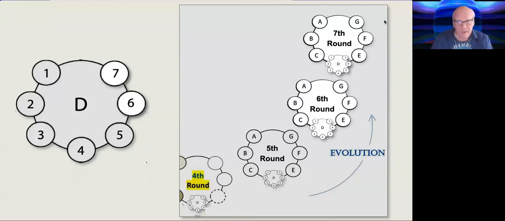Certainly the synthesis that'll take place in the last round of this chain will be massive compared to the synthesis that will take place in the sub-races of our 5th root race. But they all are driven by this same quality of synthesis.